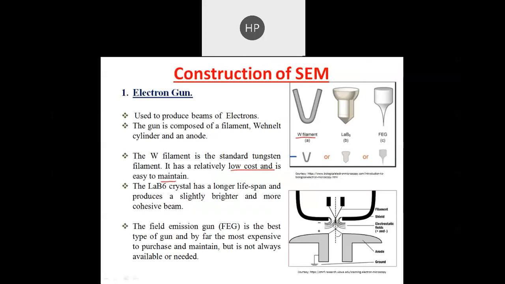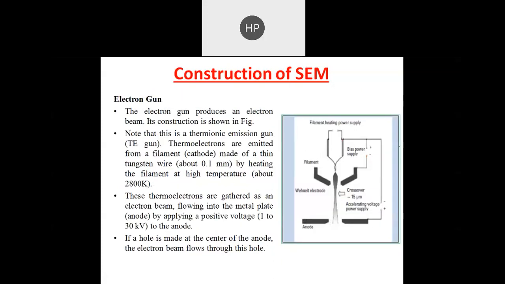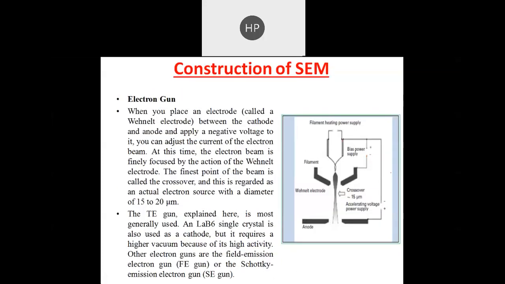While lanthanum hexaboride has a long life span, as well as giving a brighter image, but it is costlier as compared to the tungsten filament. And finally the field emission gun is the best gun, but it is the most expensive. So generally the tungsten filament is widely used in an electron gun, and how this electron gun works, we have already discussed.